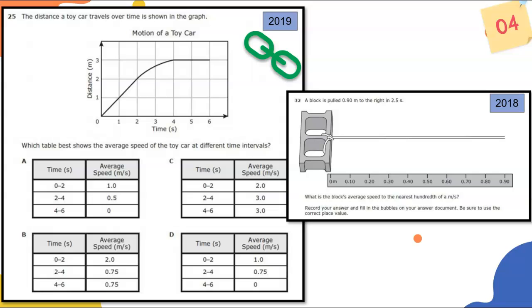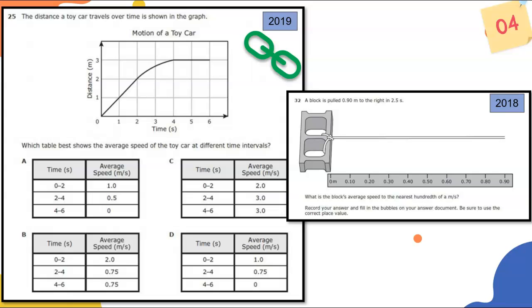So some of the examples: one is multiple choice, choosing the best table to represent the graph. And in our second question, it's calculating the average speed when given the information. So you have a multiple choice question, and you have a constructed response question.